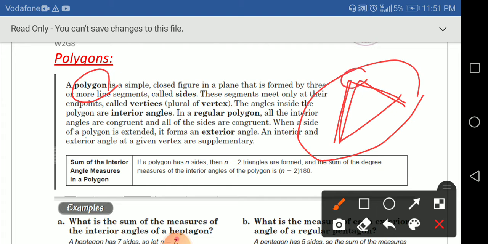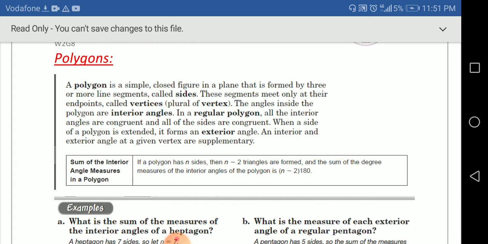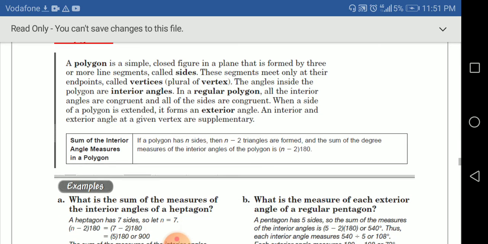The segments meet or intersect at their end points. I said at least 3 segments, so we can have more than 3 segments or sides. These segments meet only at the end points.